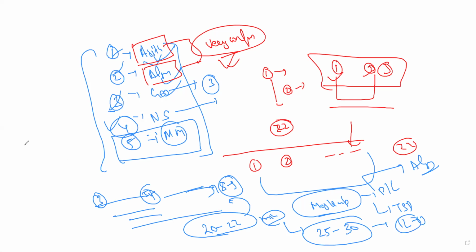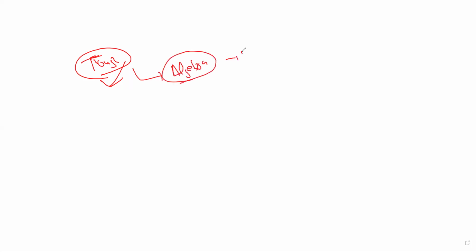Now, one thing you should keep in mind is that you can expect tough questions from any of the topics you know. Let's suppose last year if you look at the paper, the questions from algebra, especially algebra, were lengthy. What happened last year?